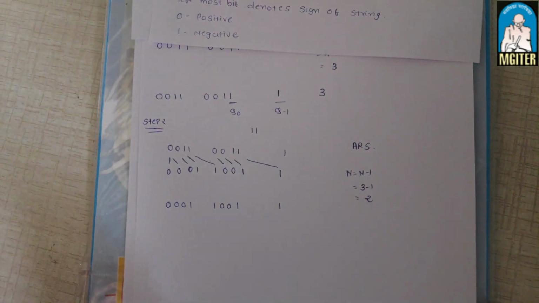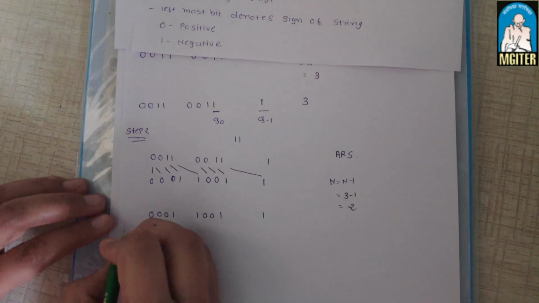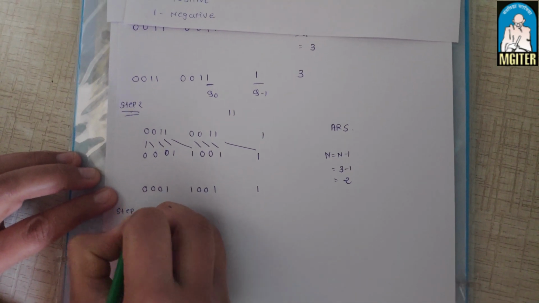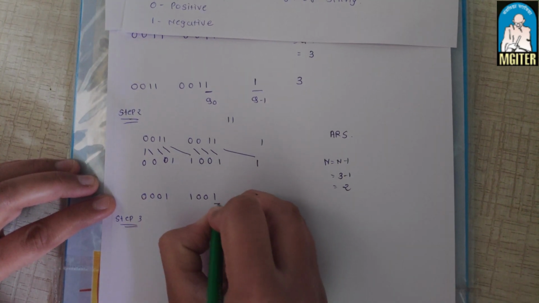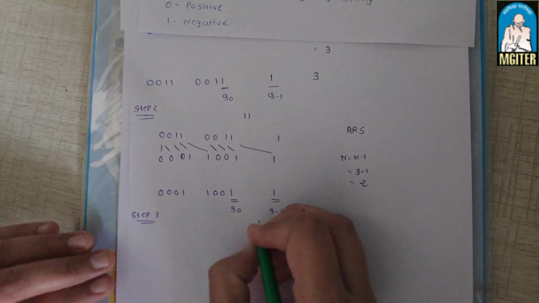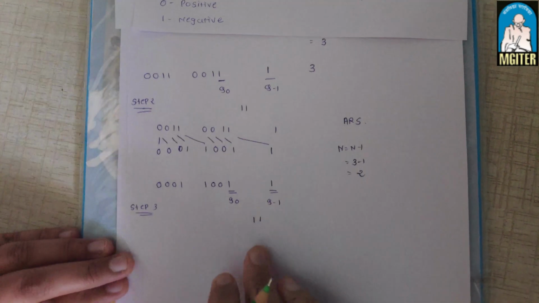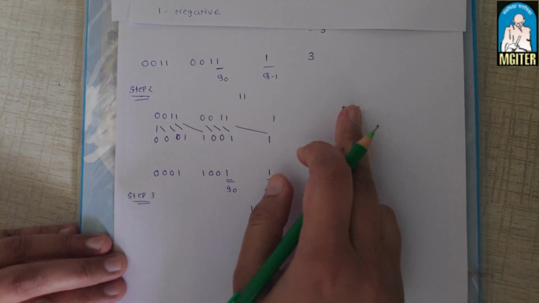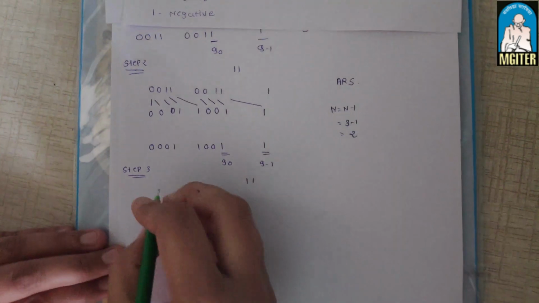Next, step 3. In step 3 we again check Q0 and Q minus 1, and again we got 1, 1. So again we perform the same arithmetic right shift and N is equal to N minus 1.